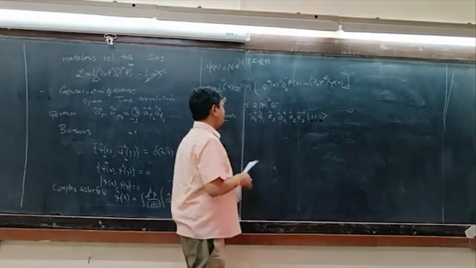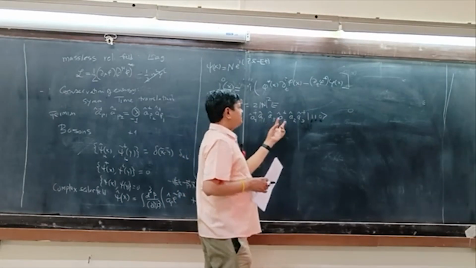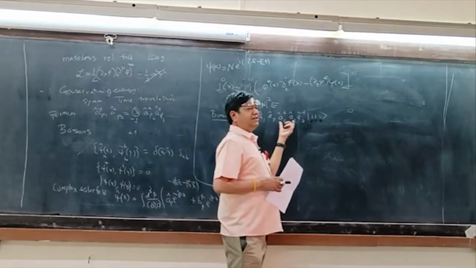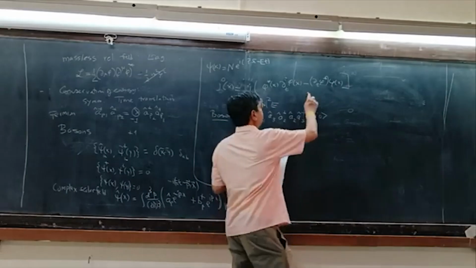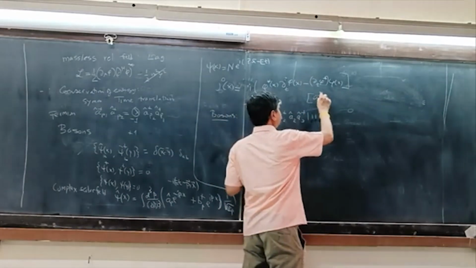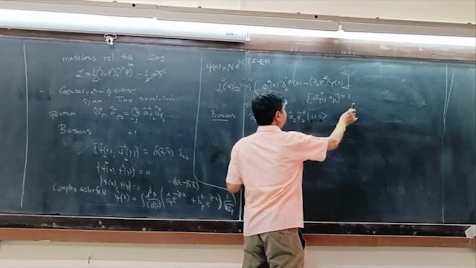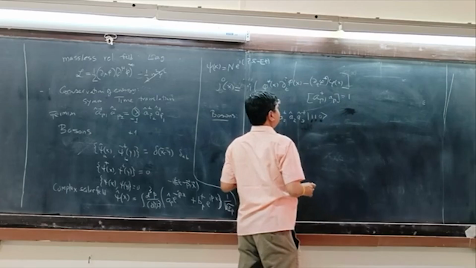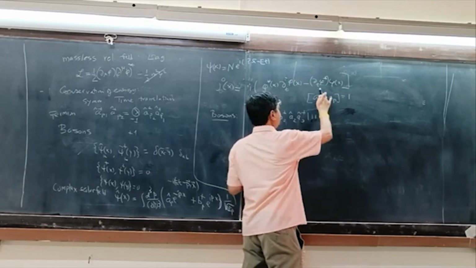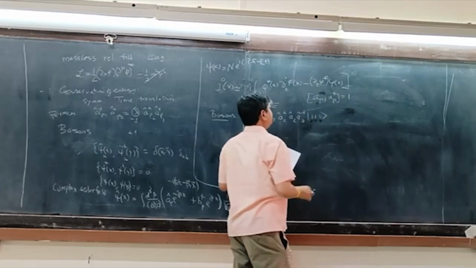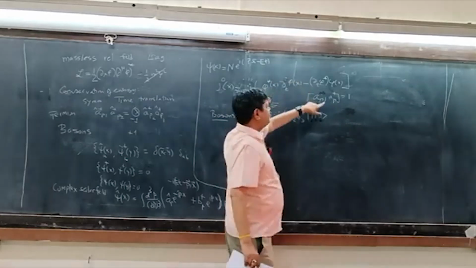Now bosons, so if you recall, if they are the same particle, then they do not commute. So for bosons, A_p A_p dagger is equal to 1 plus A_p dagger A_p.